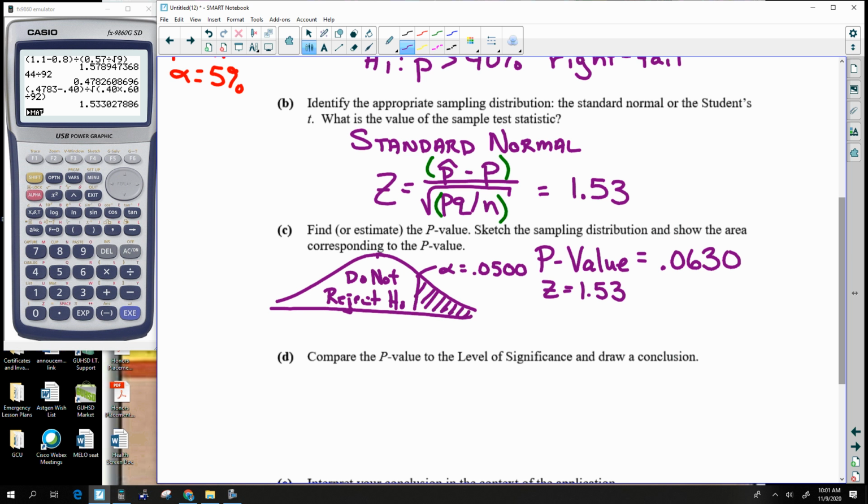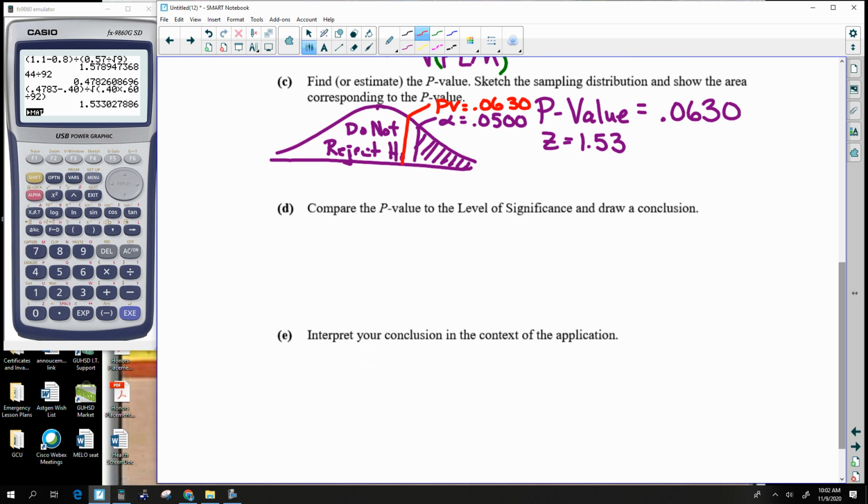And here I see that my p-value is 0.06. 0.06 is bigger than 0.05, so the distance from the edge is larger, and so it makes it to the do not reject H0 part of the picture.